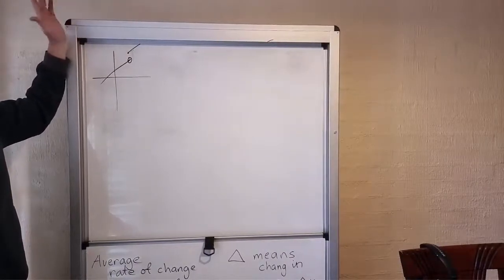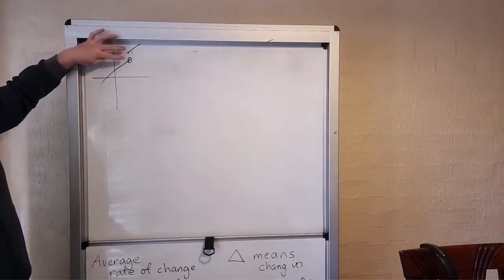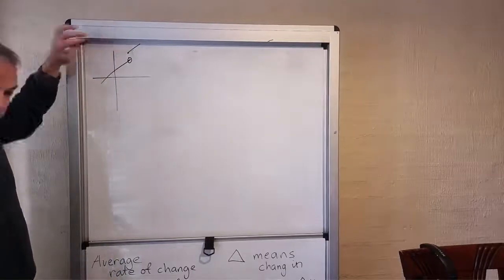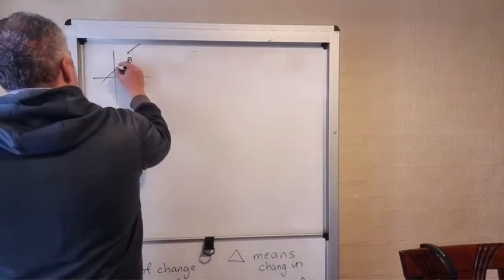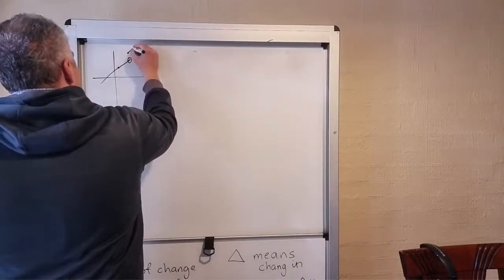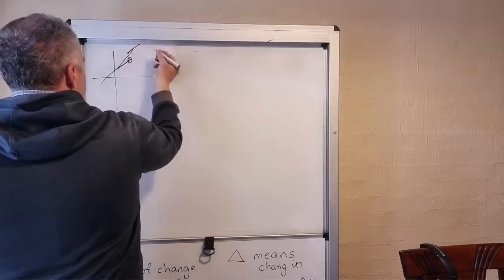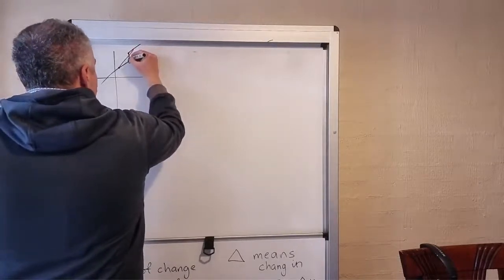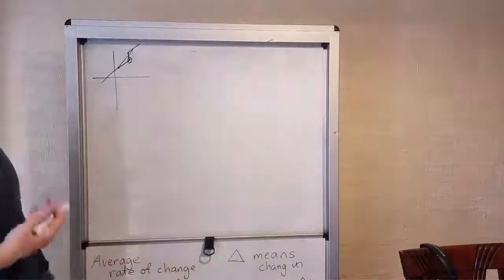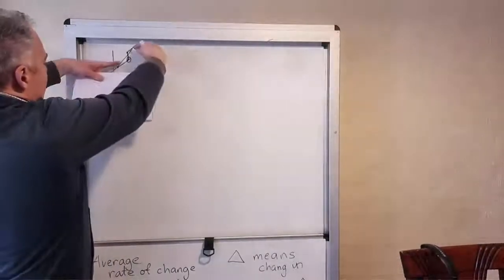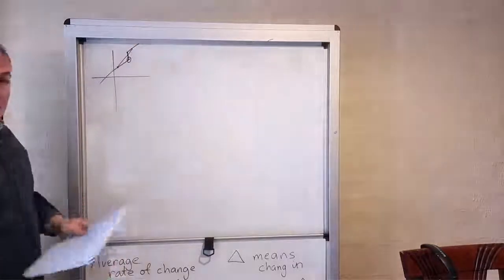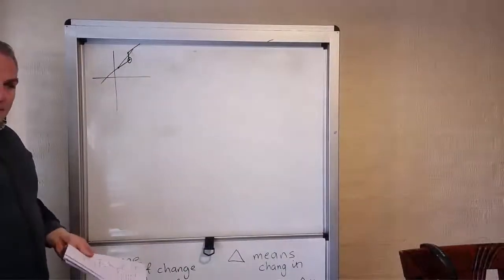And it's impossible to find an average rate of change between that gap, okay? The main reason being if you start off here and go to there, that's your average rate of change. But your average rate of change becomes infinitely big and impossible to determine as you get closer and closer and closer to the jump, okay?